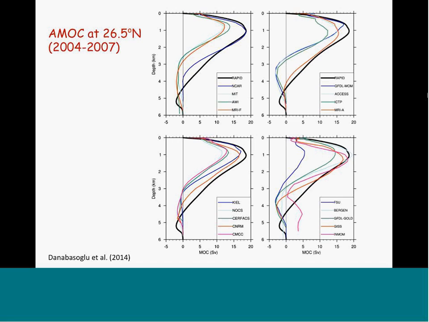Because of excessive entrainment in most models, the North Atlantic deep water penetration remains rather shallow, and that is represented by the zero crossing of the overturning profile. I'll just advertise the blue one in the top left, which does that relatively well compared to RAPID, and you can see some deep Atlantic deep water penetration in this measure.